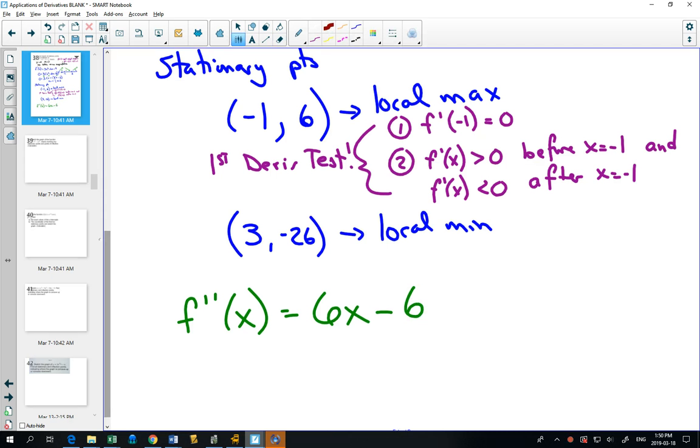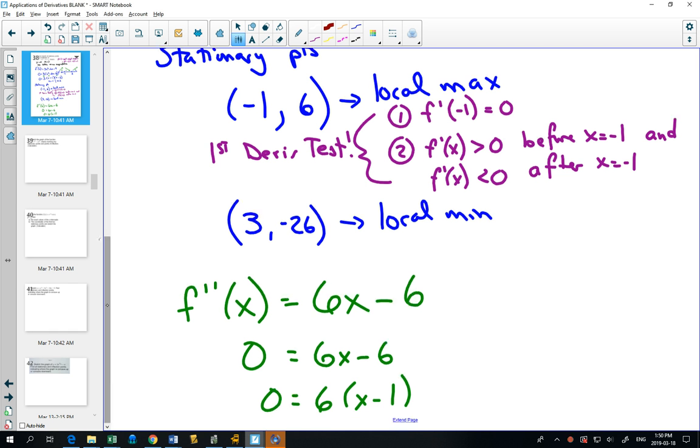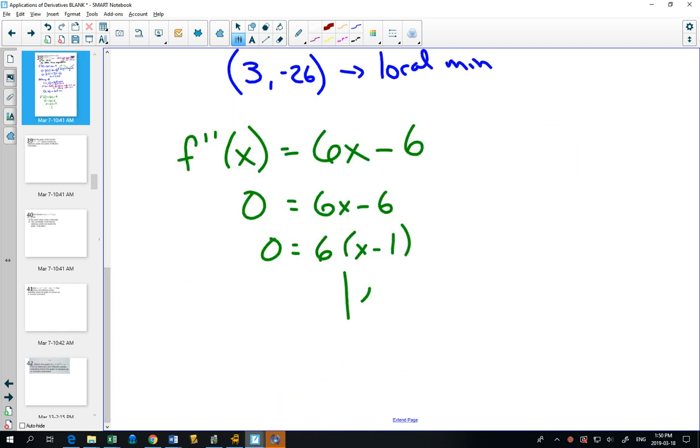If I set my second derivative equal to 0, I can factor out a 6, and x is equal to 1. Draw my line, label second derivative, plot 1 on there, and we're going to see if it changes concavity.